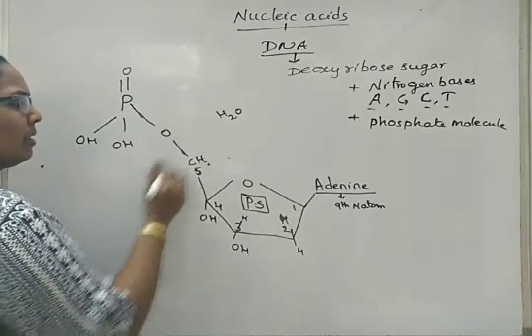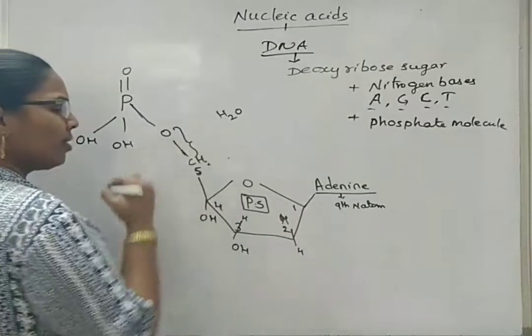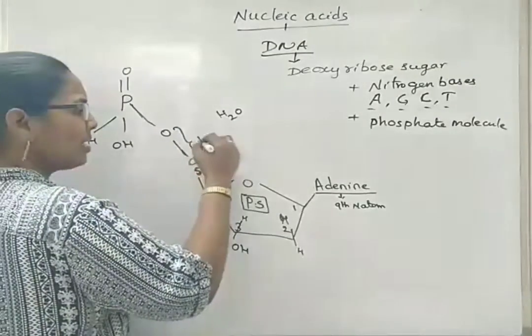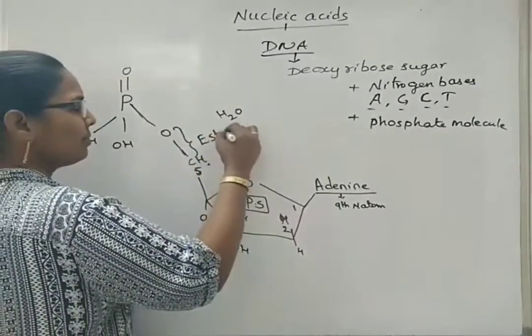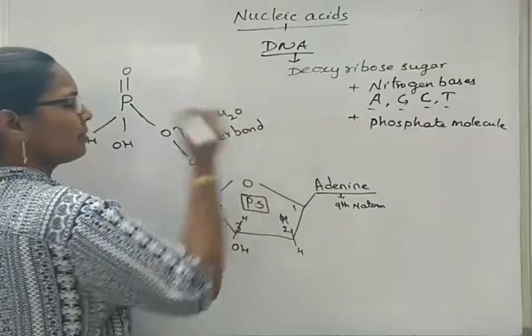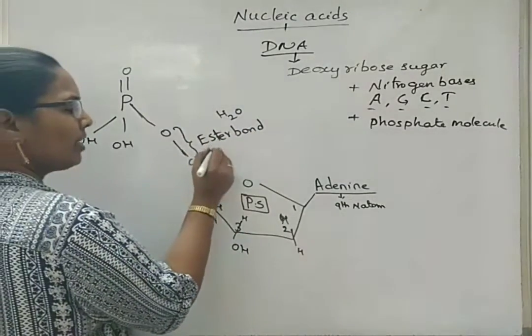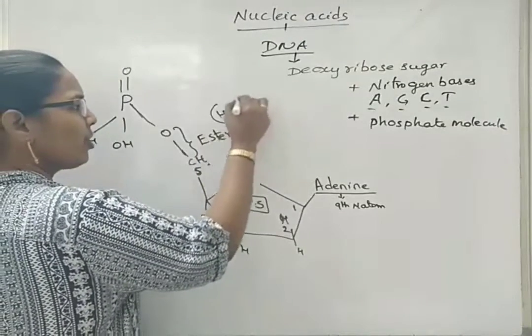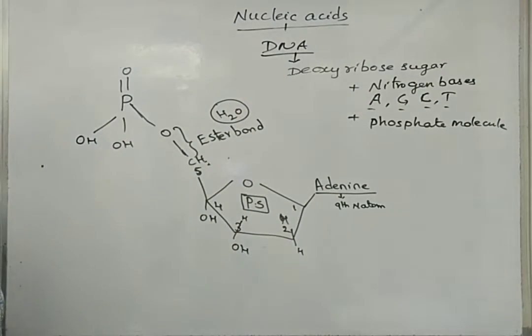We know that the bond between oxygen and carbon can be termed as an ester bond. So the ester bond in case of a nucleotide is formed by the process of dehydration of one water molecule.